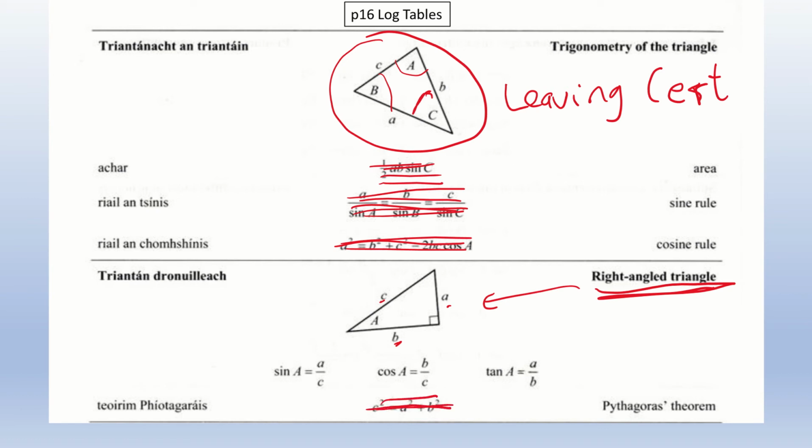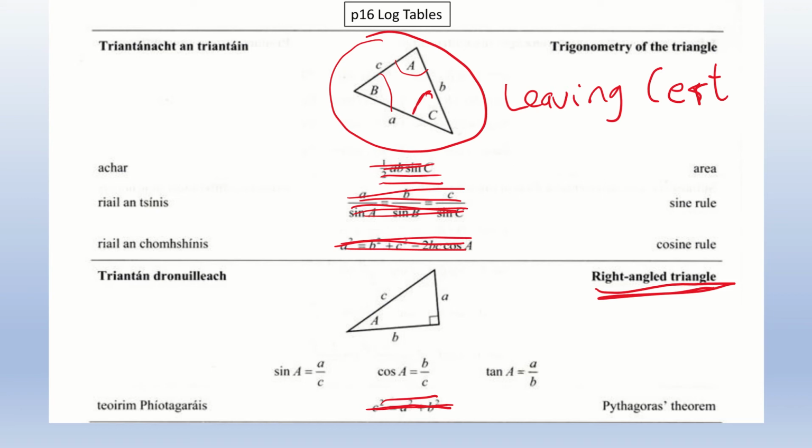We're looking at what's up above. We're looking at sine of capital A, cos of capital A, and tan of capital A. So what that tells us is, I'm just going to get rid of some of my red marks here so I can be as clear as possible.